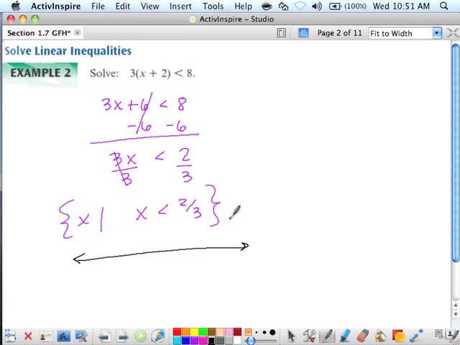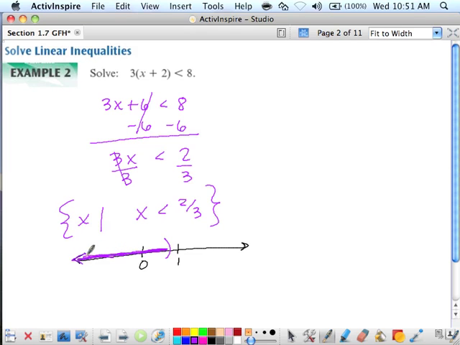Now 2/3 lives between 0 and 1. It really lives closer to 1. So even though I'm not going to put an actual dot there for 2/3, I'm going to put a parenthesis there. I'm going to face it this way because I'm going to go backwards to everything less than 2/3, and that's what I'm going to shade. So that's how we would graph it.